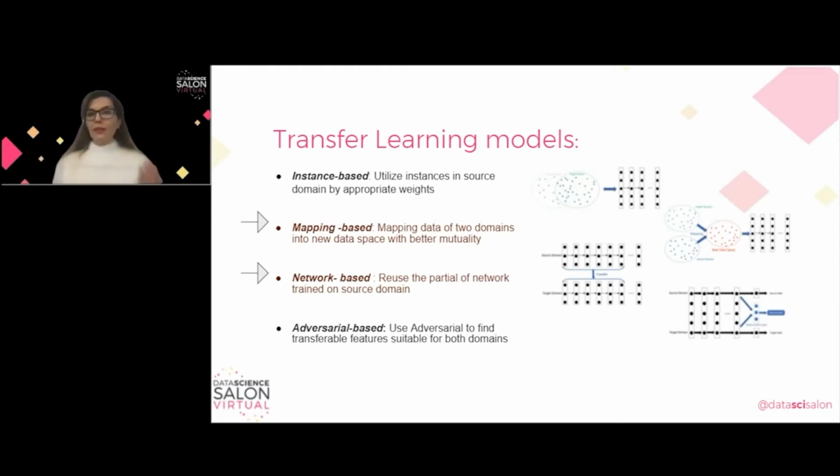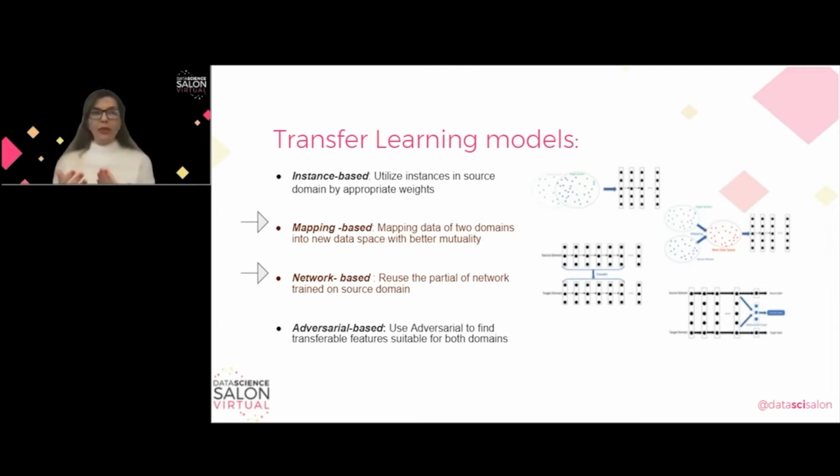The other one is mapping-based transfer learning, which I have seen used a lot, specifically for images. In that sense, we are trying to map the source and the target into a new space such that the difference between features gets smaller. There are some statistical ways that I actually used in my thesis in order to reduce this distance between the source and the target.